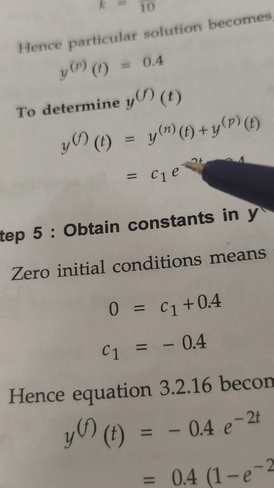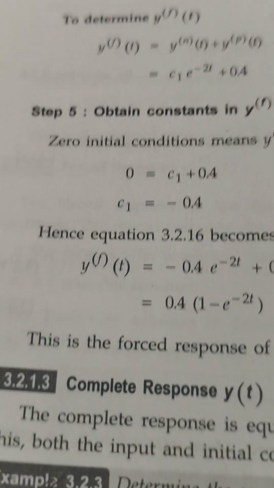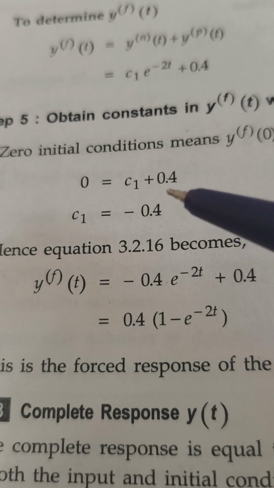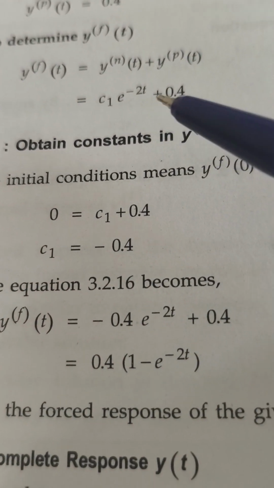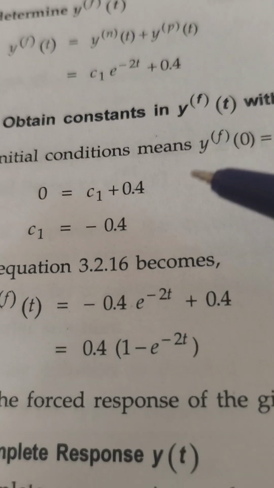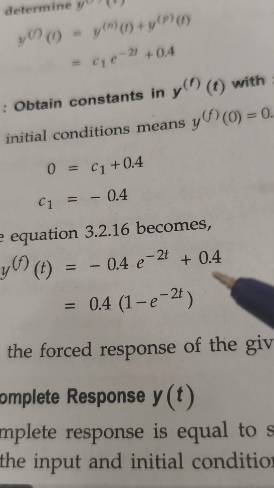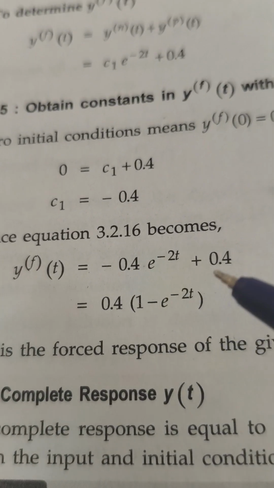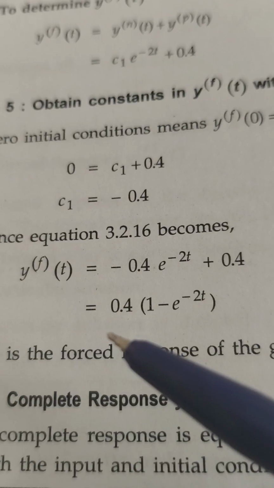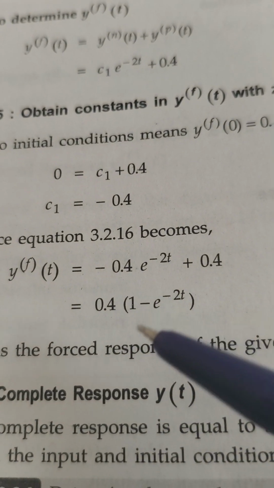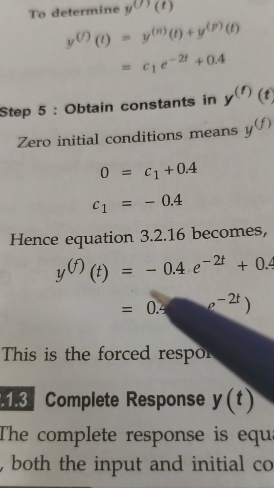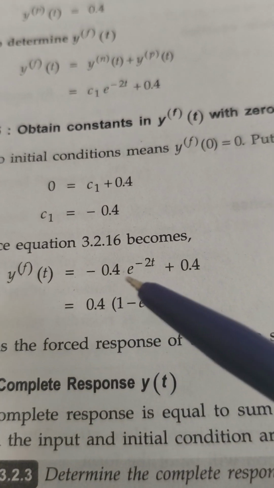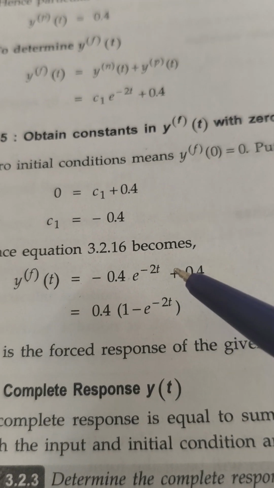Substituting in this equation, we get the forced response as minus 0.4 into e raised to minus 2t plus 0.4. Since 0.4 is in both terms, we take 0.4 common, and we are left with 1 minus e raised to minus 2t.